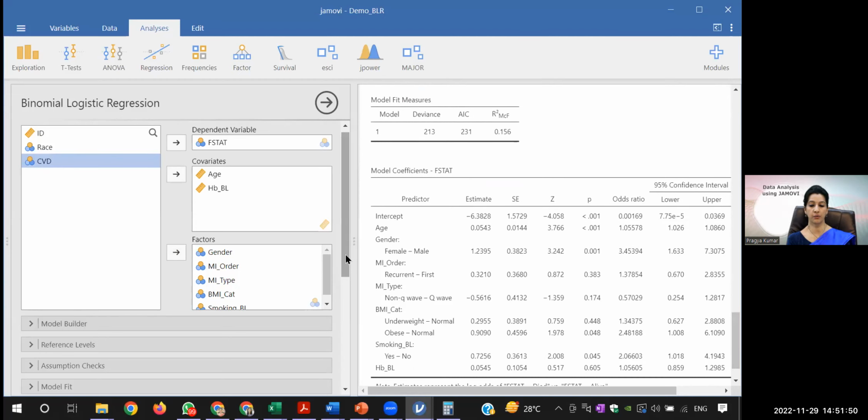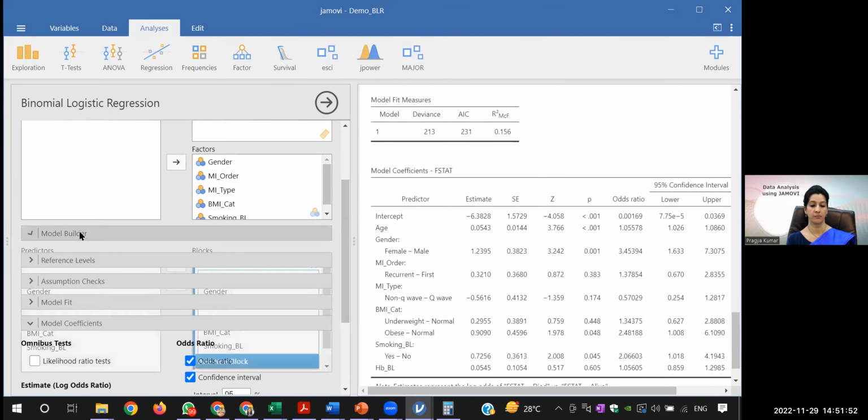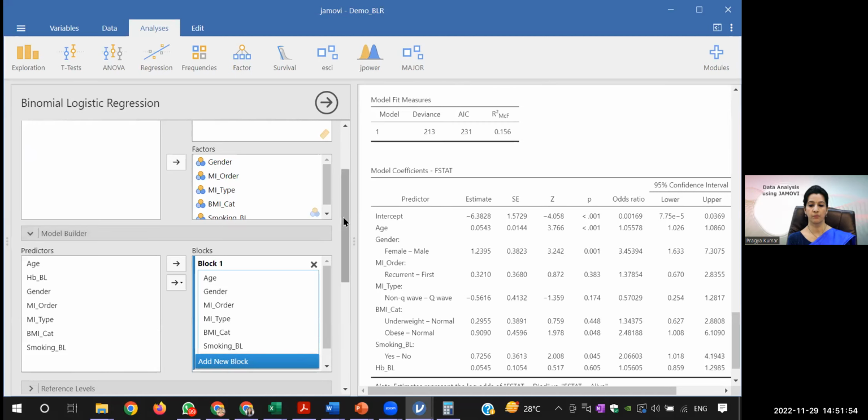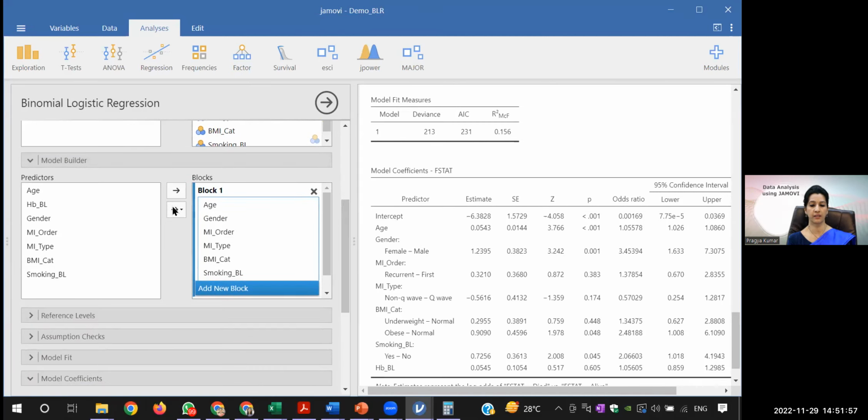now there is something known as the model builder. You've already entered those things in block 1. I'm not telling you the options in the model builder right now, because in advanced sessions we may tell you about the types like backward, hierarchical, forward.